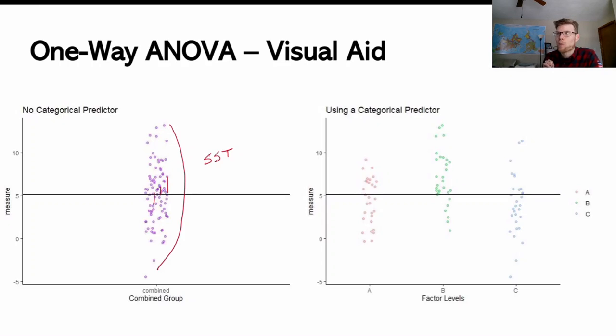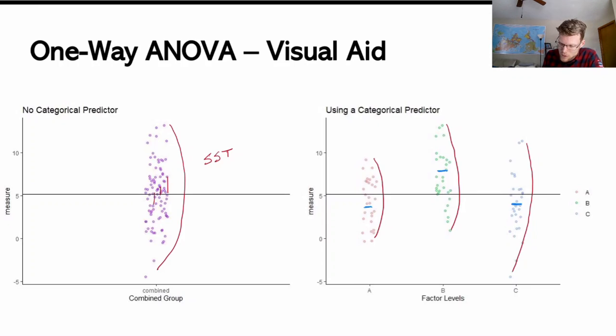Now, when I do a one-way ANOVA and I decompose this variation, I now have two pieces. I have the variance within, which is kind of like the average amount that I'm seeing. Well, it's not really an average yet, it's just the total. So it's all this variation, spanning this much range, in comparison to these group means and the variation from group mean to group mean, which is going to be something more like this.